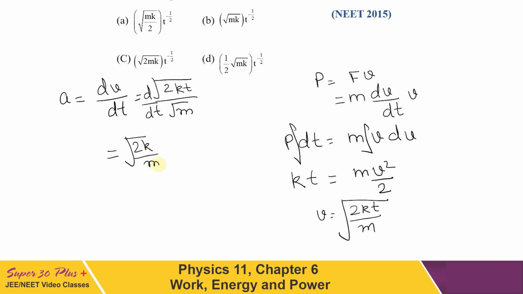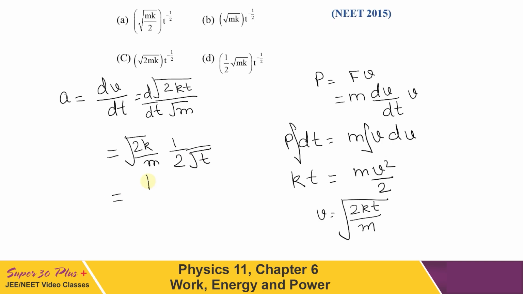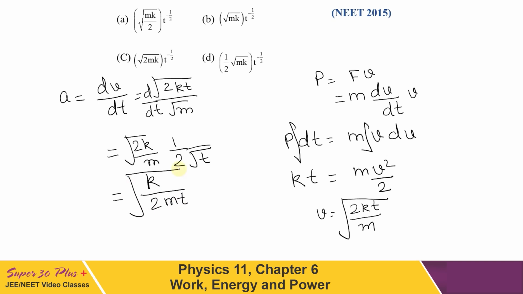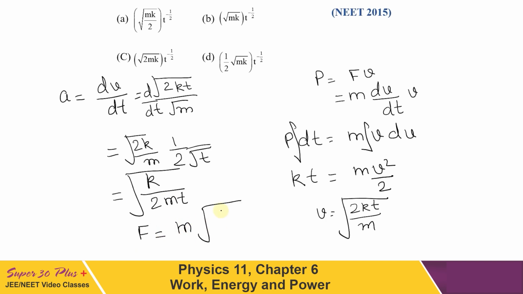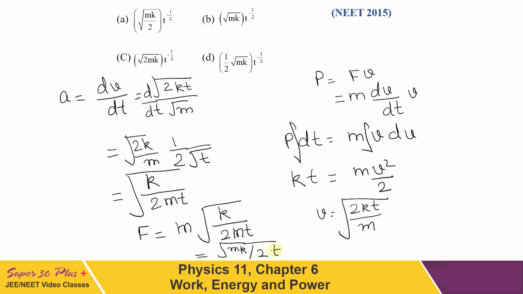Then only root t is to be differentiated, which gives 1 by 2 root t. Now on solving, it will be root under k upon 2mt. This is the value of acceleration. So now we can write force to be equal to m multiplied with this. So it is m under root k upon 2mt, which on further solving will give mk upon 2t. Which option is this? This is our option number 1.